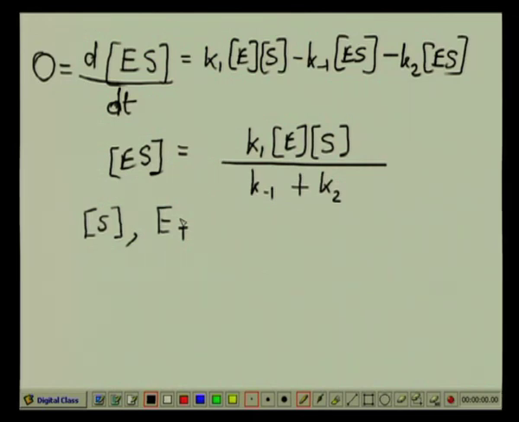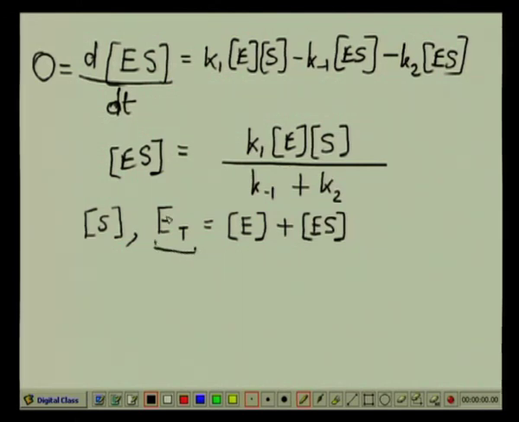Now, at any time t, the total enzyme concentration is going to be what? Whatever free enzyme is left plus whatever has formed the enzyme substrate complex, because the enzyme cannot go anywhere else. It either is free or it has formed an enzyme substrate complex, right. So, that is what our ET amounts to.